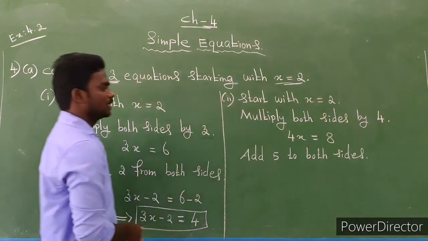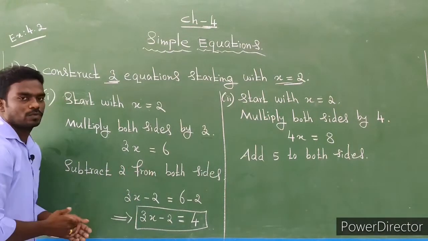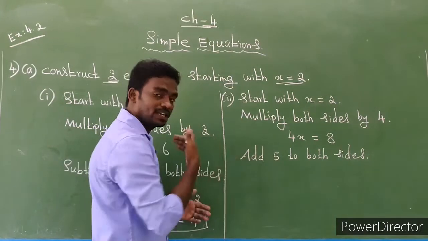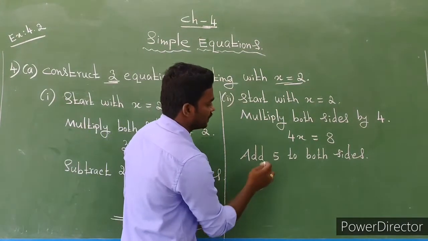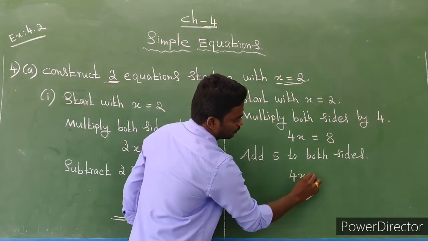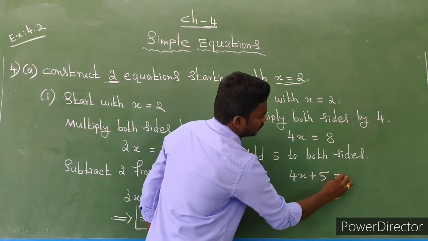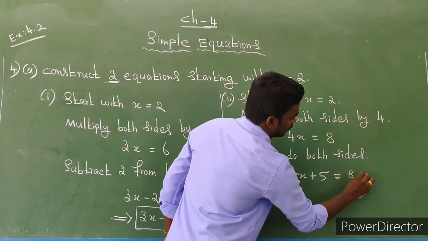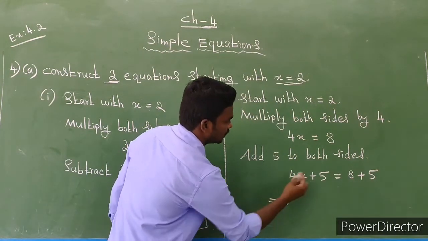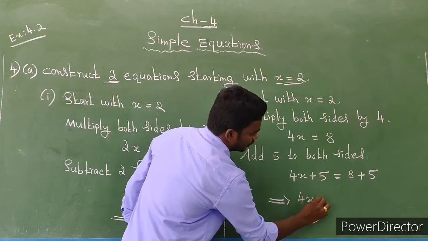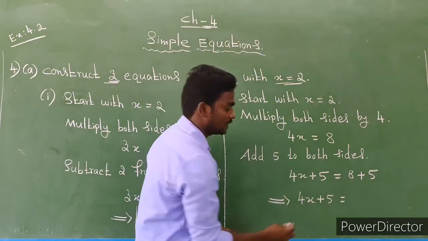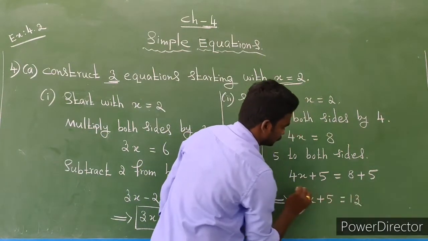Then add 5 to both sides. In the first equation we subtracted 2 from both sides; next we choose to add 5 to both sides. We can add any number to both sides. The LHS is 4x, so 4x plus 5 is equal to the RHS, 8 plus 5, which is 13.